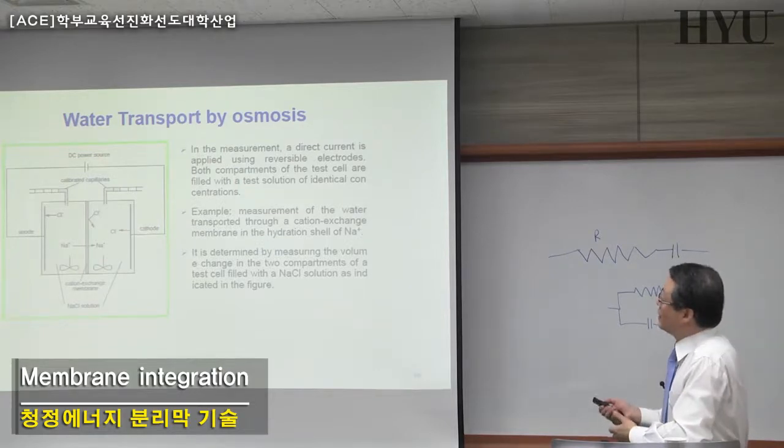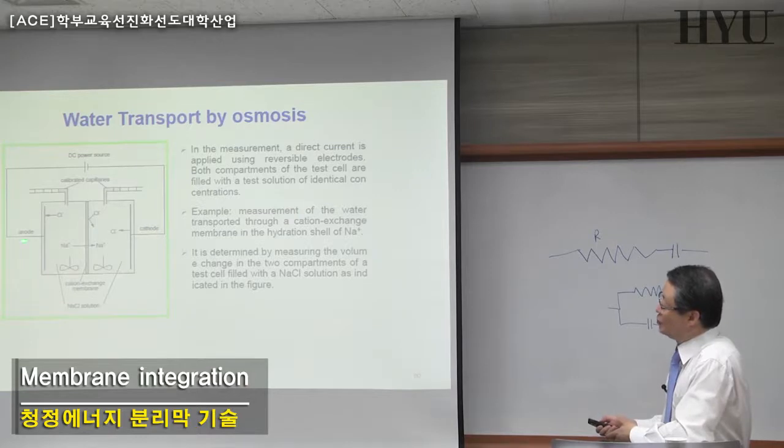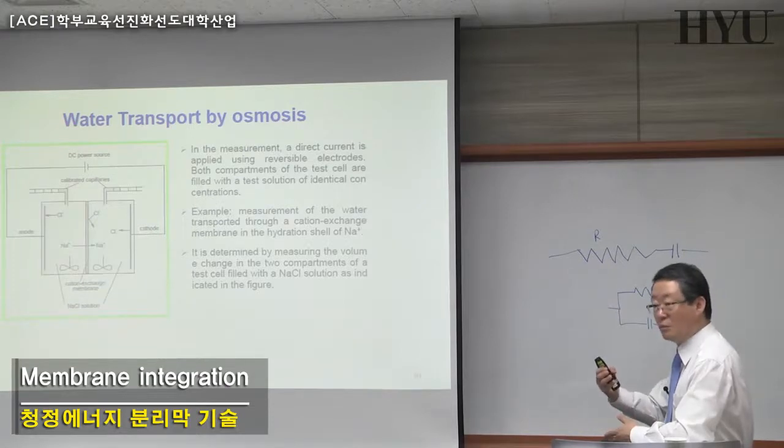The example is that the Na+ sodium ion transfers across the membrane. So this is what we call the cation exchange membrane, and it contains negatively charged ions, of course. By measuring the volume change in the two compartments, we will be able to determine the movement of the ions through these two channels.